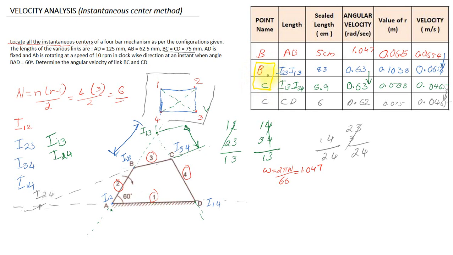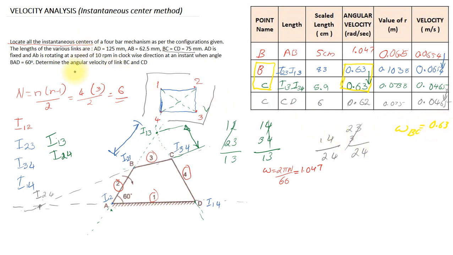So from that you can see that the angular velocity of the link BC is omega BC is equal to 0.63.